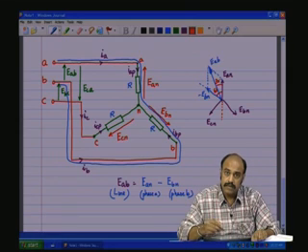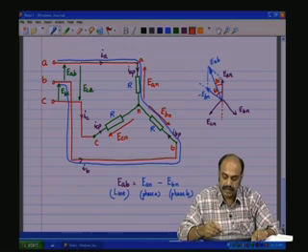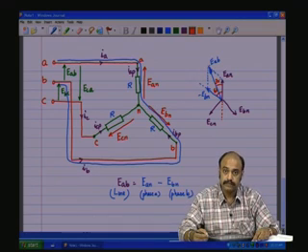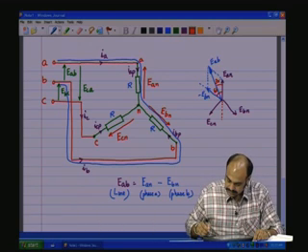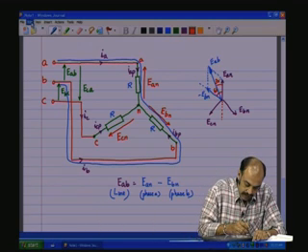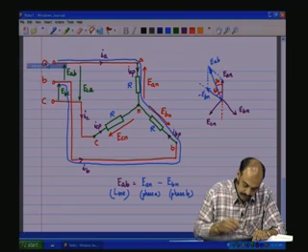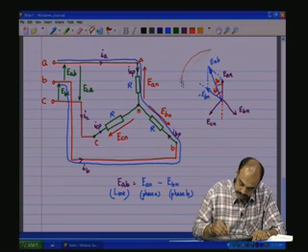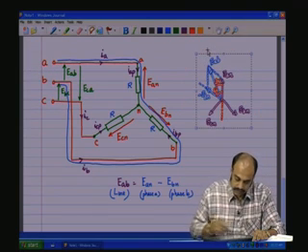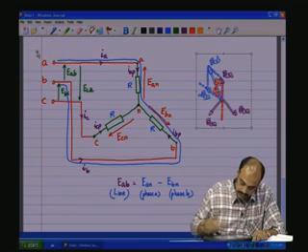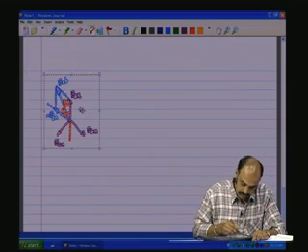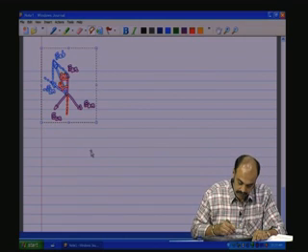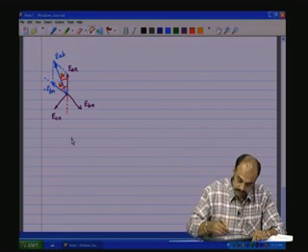So, EAB is going to lead EAN by 30 degrees, or EAN lags EAB by 30 degrees. Clear? So, let us expand that and have a clearer view. Let us draw a bigger picture of this.